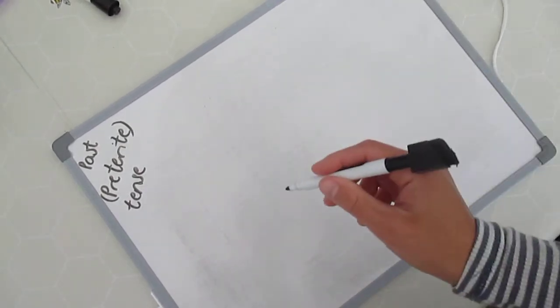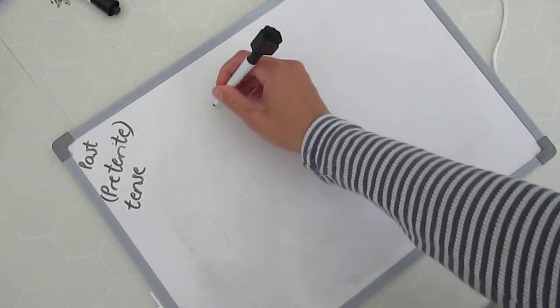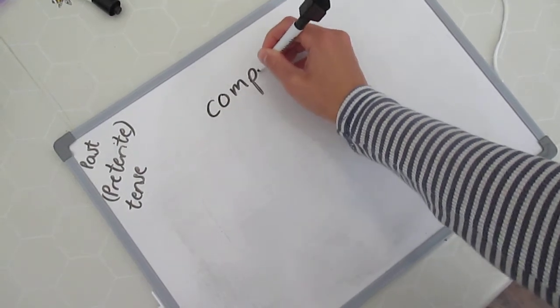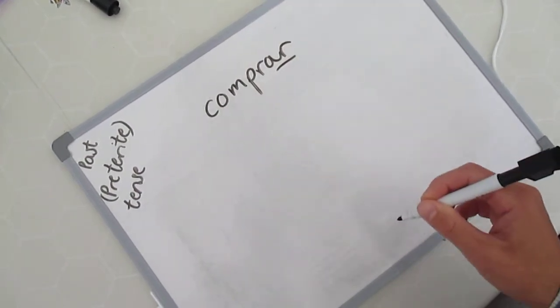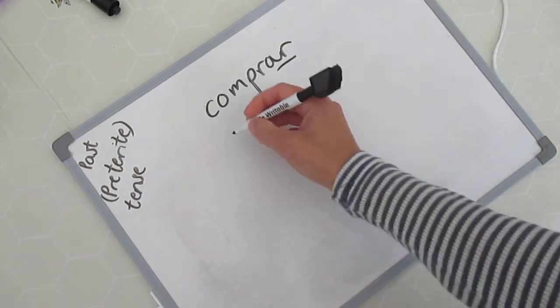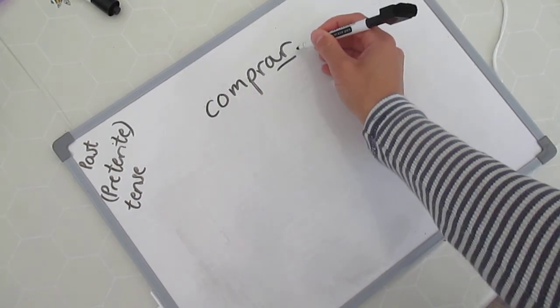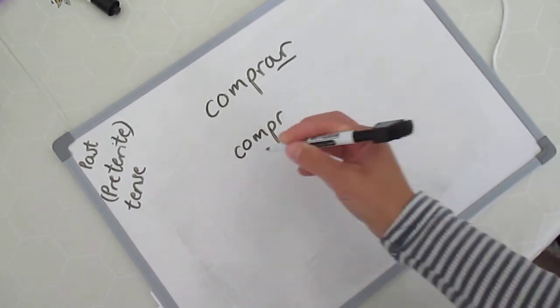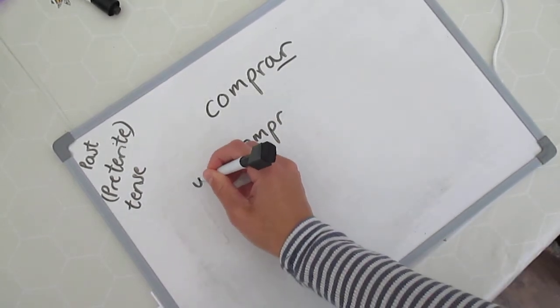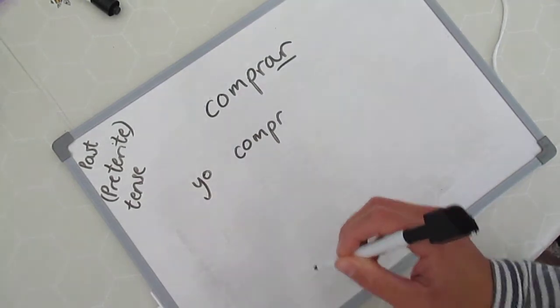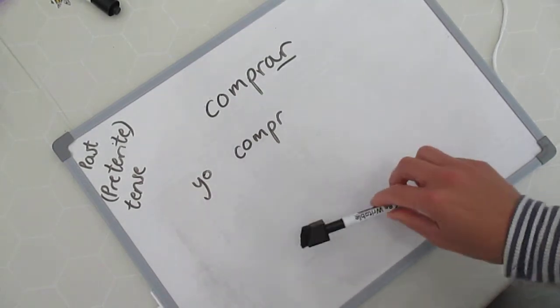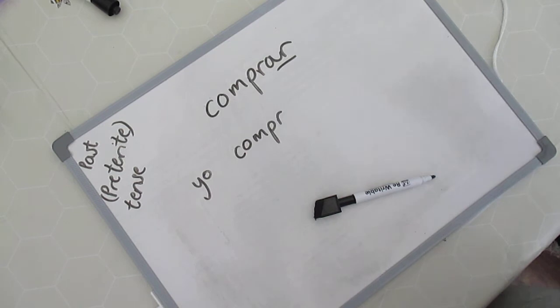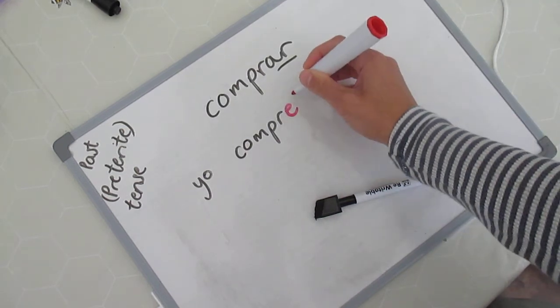We'll take a regular AR infinitive like comprar, okay, which means to buy. To form the past tense, we take off the AR ending, so we're left with comp. Remember that our first person to conjugate it for is yo, which is I. For yo, we take off the AR ending and we add an E with an accent.